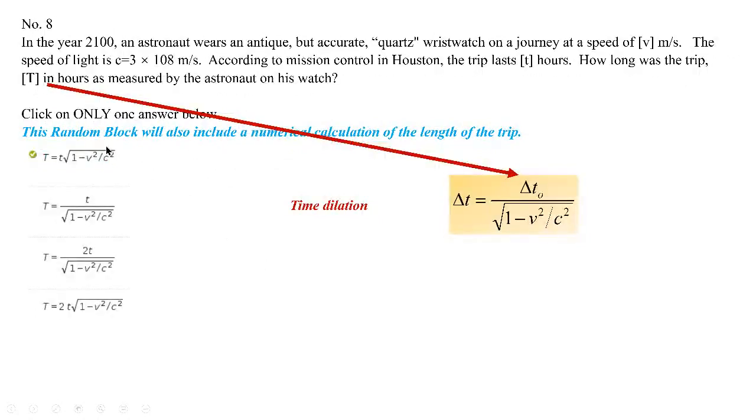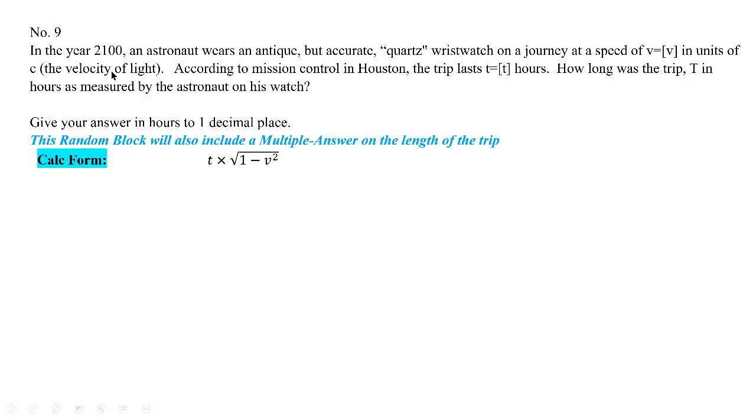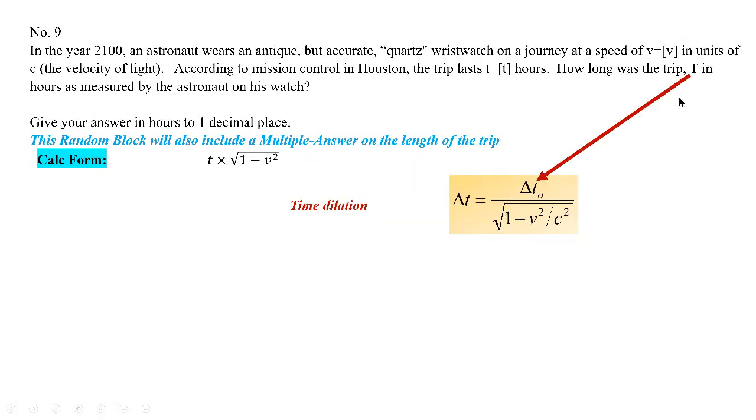Remember there was this formula before, and this random block will also include the numerical calculation of the length of the trip. So this is one where they want to know how long the trip was as measured by the astronaut. We already know it should be the time dilation formula. This is the proper time.